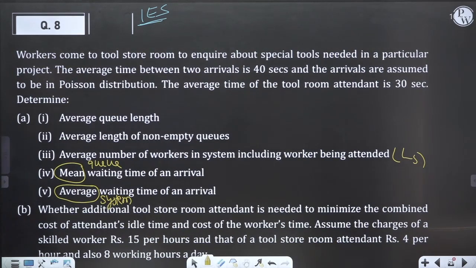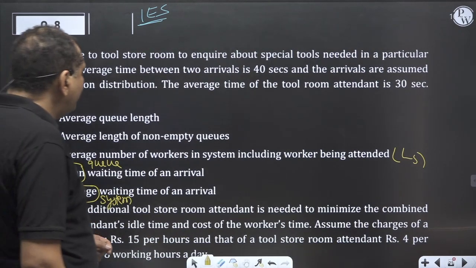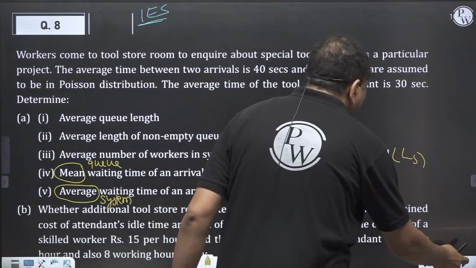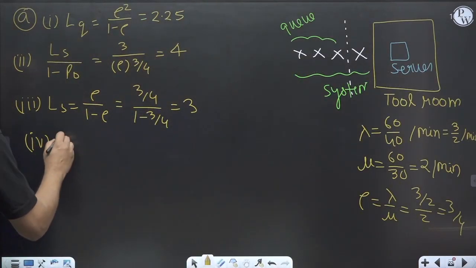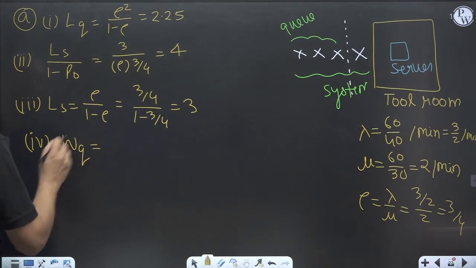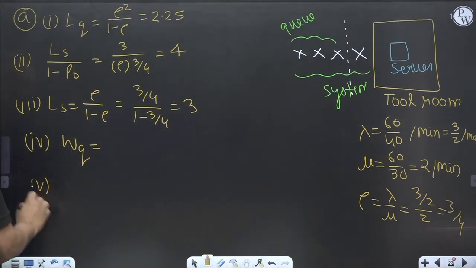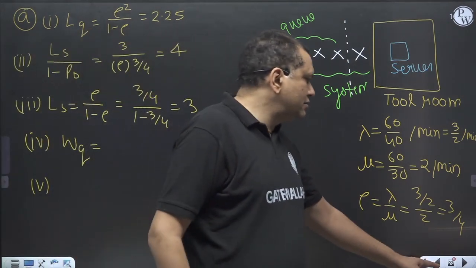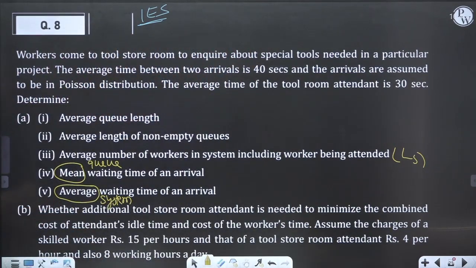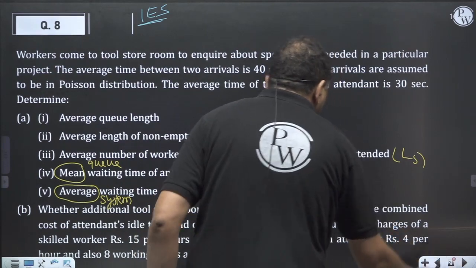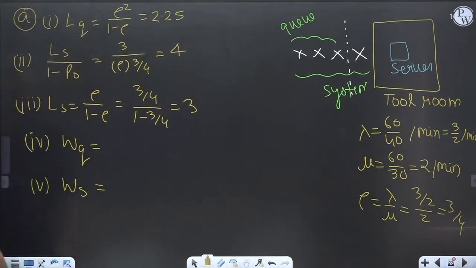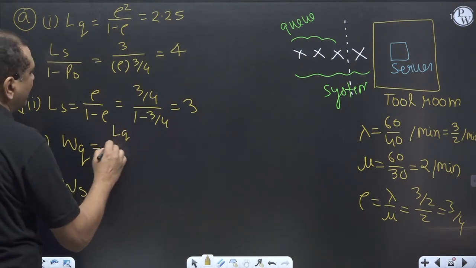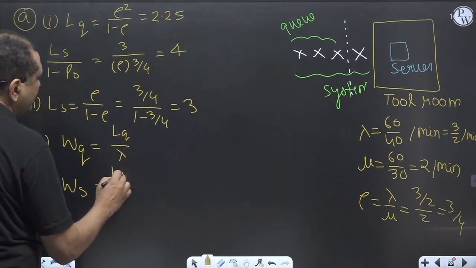So mean waiting time of an arrival is WQ, and average waiting time of an arrival is system time. So LQ by lambda, and it is LS by lambda.